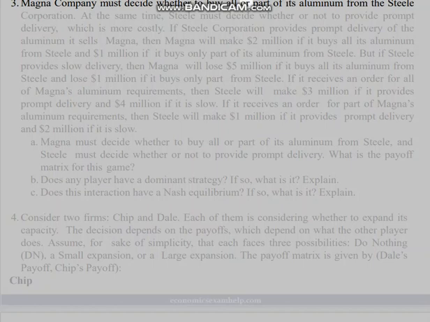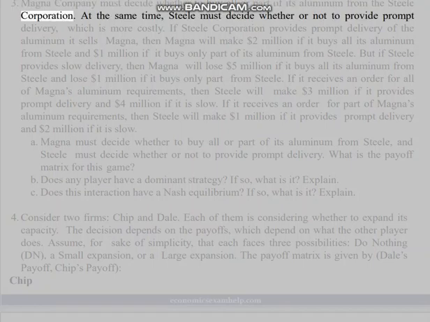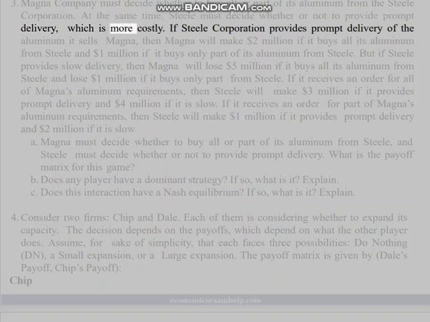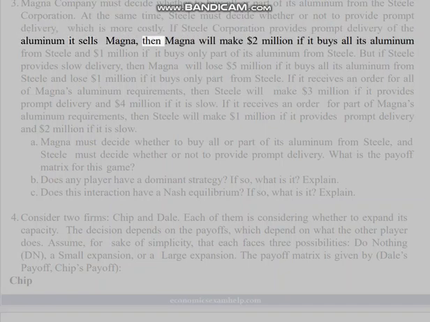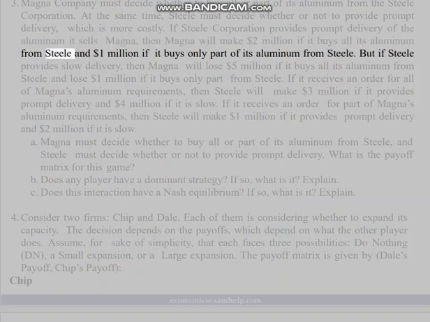3. Magna Company must decide whether to buy all or part of its aluminum from the Steel Corporation. At the same time, Steel must decide whether or not to provide prompt delivery, which is more costly. If Steel Corporation provides prompt delivery, then Magna will make $2 million if it buys all its aluminum from Steel and $1 million if it buys only part.